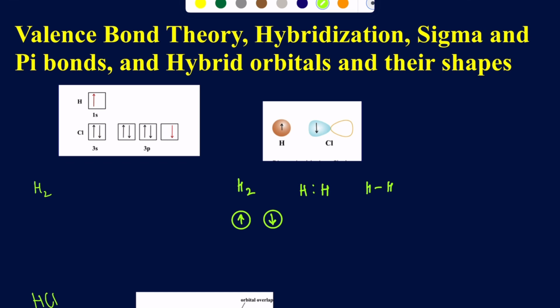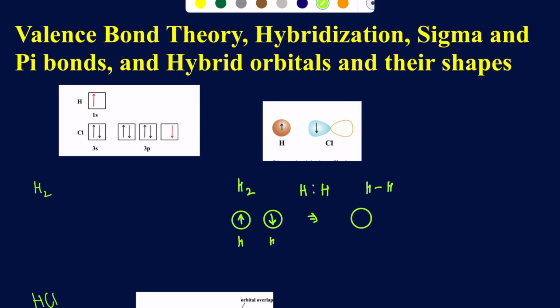That's another postulate of the valence bond theory, that whenever you put together two atoms to make a bond, their electrons will have opposite spin. So I got one s orbital from one hydrogen atom, one s orbital from another hydrogen atom. Now they're going to be overlapping, and that's how you make the bond.